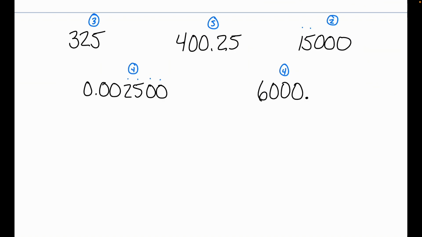Okay? Why wouldn't I write it 6,000.0? Because that's a different number. Rather, that's the same number, but it has a different number of significant figures. That would be 6,000 with 5 sig figs, right? So you will see this random floating decimal point at the end of the number, and that's in there so that you know that all of the zeros in that number are significant.